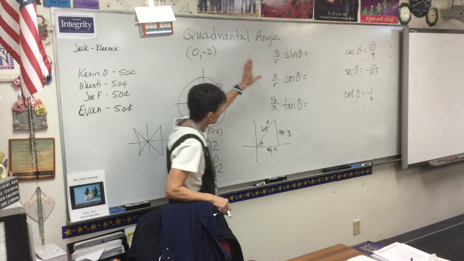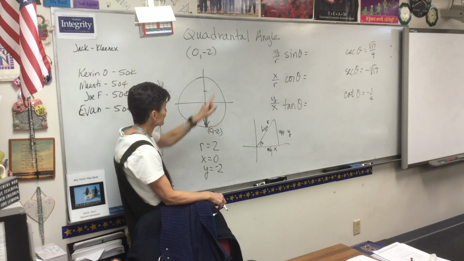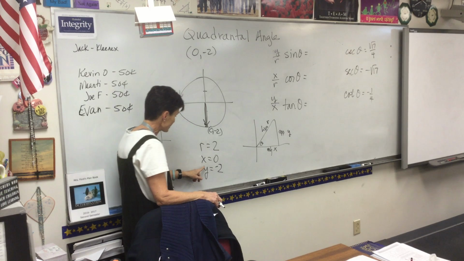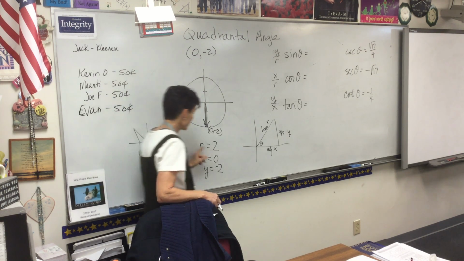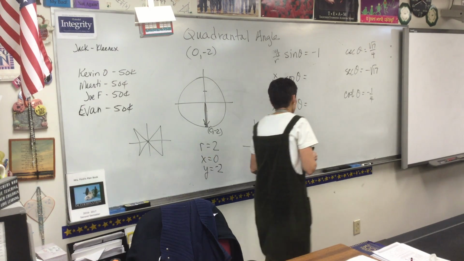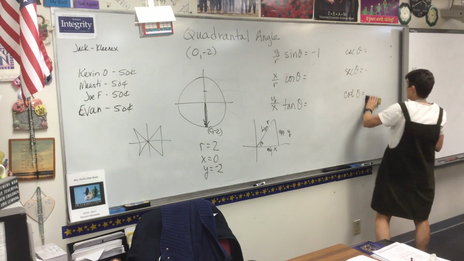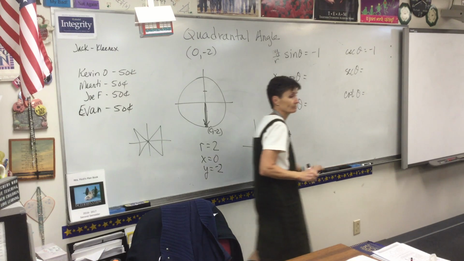Now if I know those definitions, then I can answer the question. What's the sine? The sine is y over r. So that would be -1. The reciprocal of -1 is still -1, isn't it?